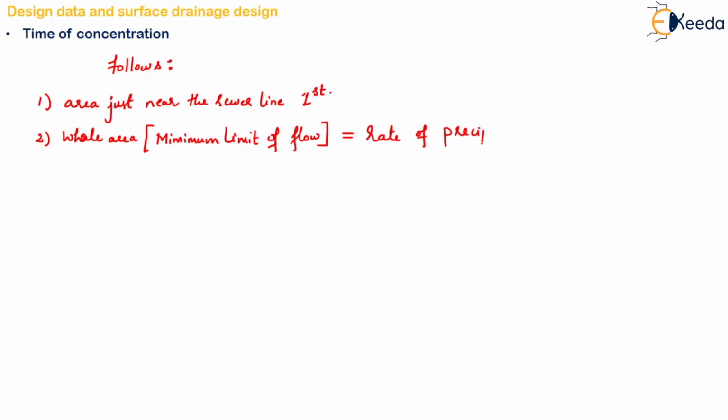Basically, how much rainwater is falling, that much will be equal to the maximum limit of the flow of drainage, right? Then thirdly, the maximum flow continues until your storm stops. So until the storm stops, the maximum flow will continue.